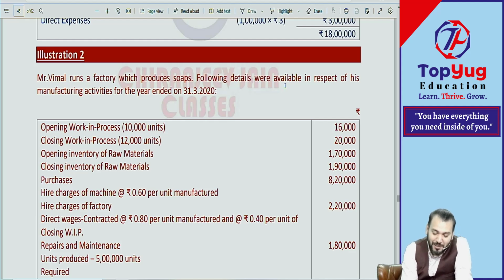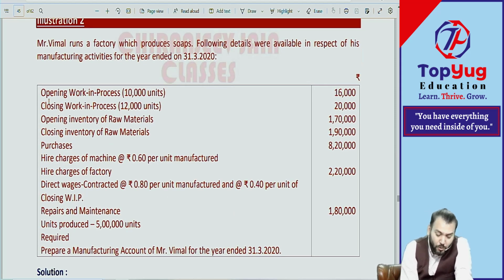Following details were available in respect of his manufacturing activities for the year. Now you see, very easy. Opening WIP, closing WIP, opening raw material, closing raw material, purchase. This is purchase of raw material. Hire charges of machine, hire charges means rent charges, production overhead at a rate of 0.60 per unit manufactured.